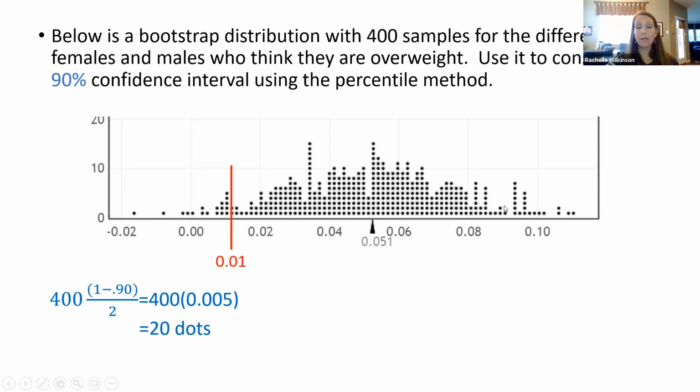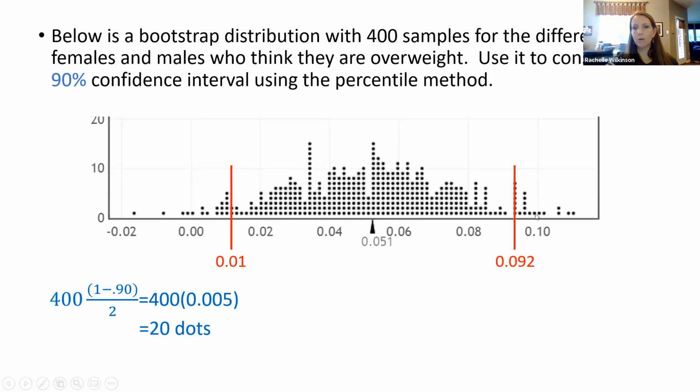Now I'm going to do the same thing from the right side. 1, 2, 3, 4, 5, 6, 7, 8, 9, 10, 11, 12, 13, 14, 15, 16, 17, 18, 19, 20. So right here is my 20 dots. I draw a line there, and where that crosses the x-axis, I'm going to call that my upper limit.